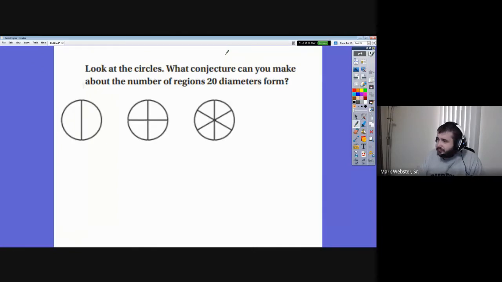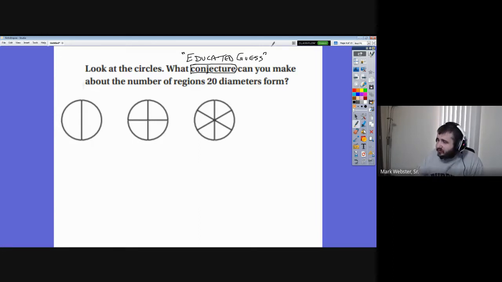So first of all, there's a word in here, conjecture. And conjecture, all that means is an educated guess. In the case of what we're doing, think about, for those of you who have taken a science class, the word conjecture carries the same weight as the word hypothesis.